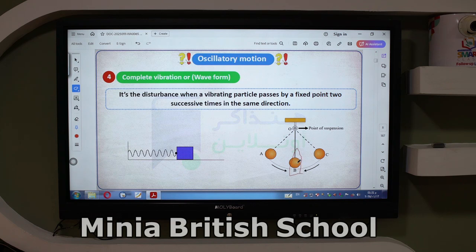So we can say that from B to C and then C, P, B, A, finally A, P, these are called the complete vibration. We have 4 amplitudes in the complete vibration: PC, CB, BA, and AB.